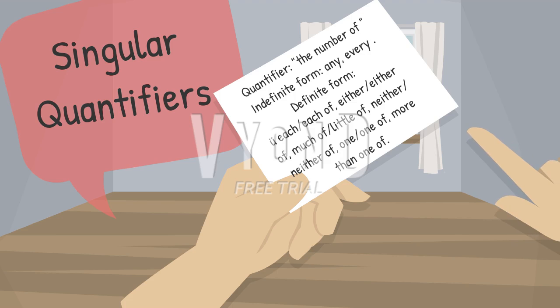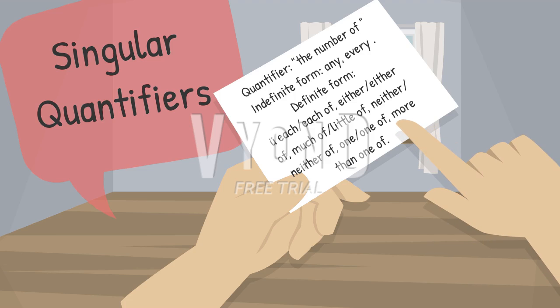The following quantifiers require a singular verb: indefinite forms such as any or every, and definite forms which can be each of, either of, much of, little of, neither of, one of, and the last one, more than one of.